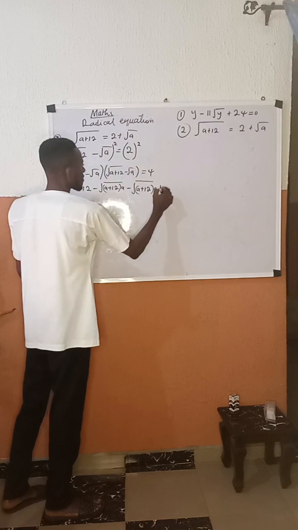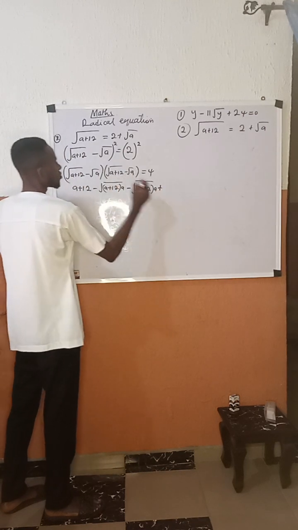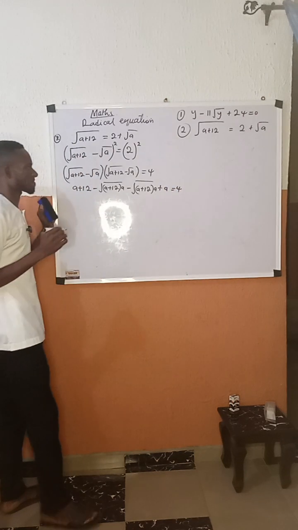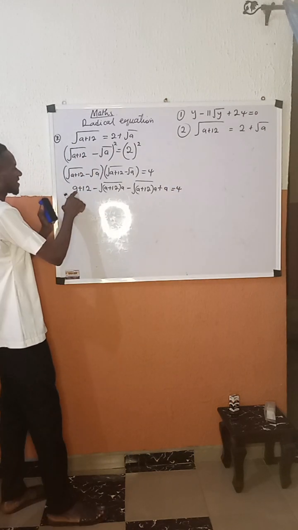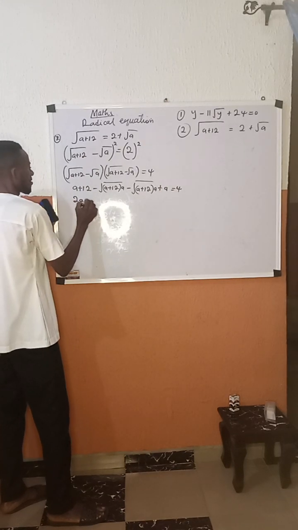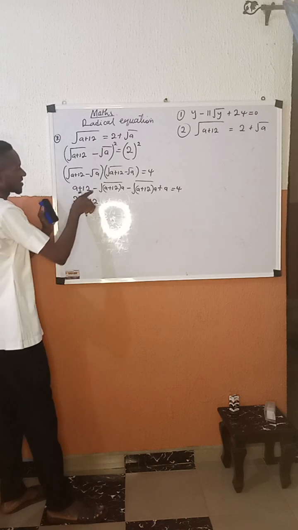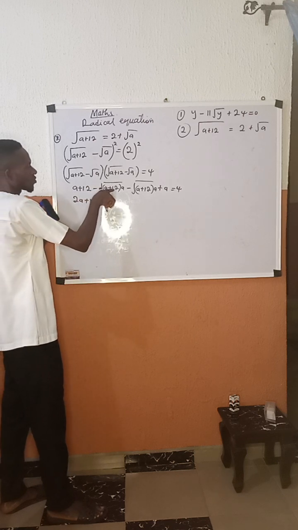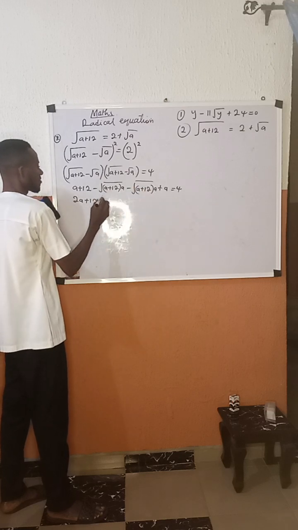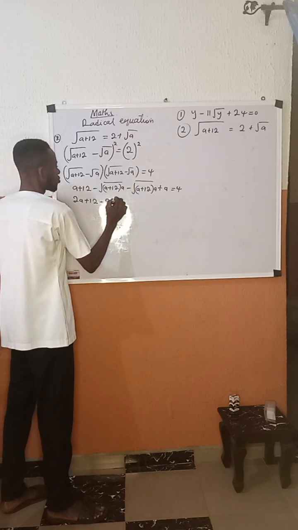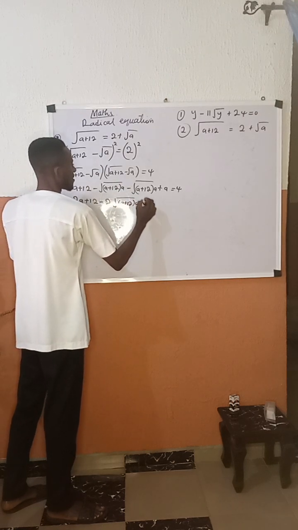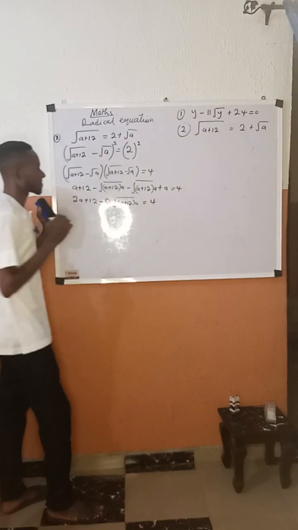Minus times minus is plus. Root A times root A is A. This equals 4. Of course, there is an A here and an A here, so I have 2A plus 12. This is minus root A plus 12A, and this is minus root A plus 12A. Then what I have becomes minus 2 root A plus 12A equals 4.